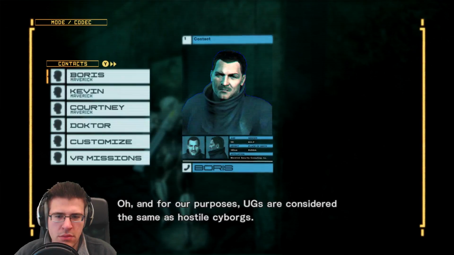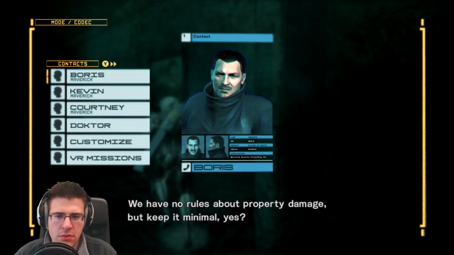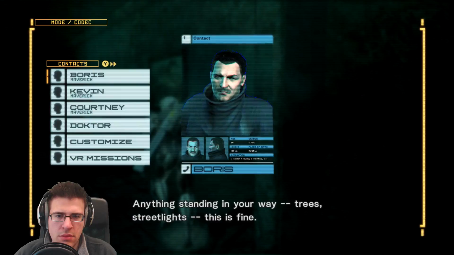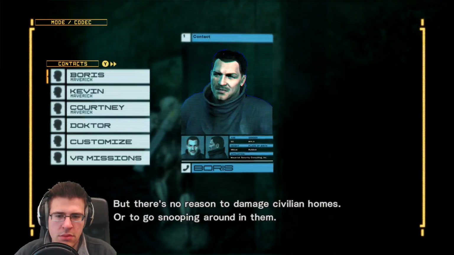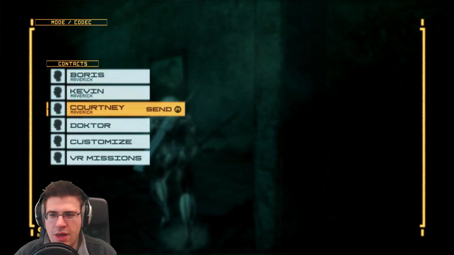No, and for our purposes, UGs are considered the same as hostile cyborgs. Copy that. We have no rules about property damage, but keep it minimal, yes? It just makes us look bad. Anything standing in your way, trees, streetlights, this is fine. But there's no reason to damage civilian homes, or to go snooping around in them. Goes without saying. Okay, whoops.